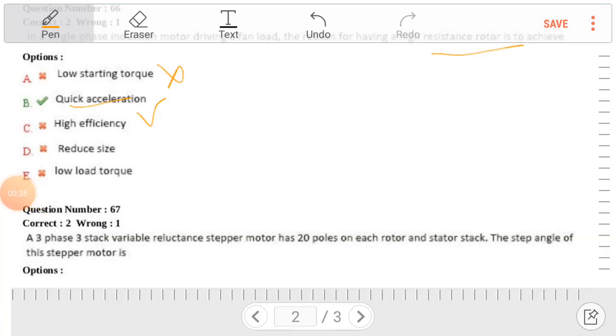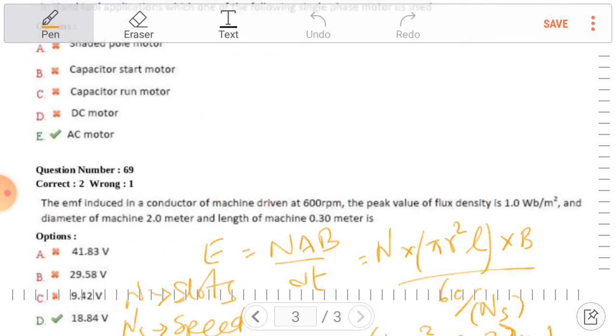Next one is a numerical question from stepper motor. A three phase, 3 stack variable reluctance motor has 20 poles on each rotor or stator stack. The step angle of the stepper motor is? So it is a multiple stack variable reluctance motor.